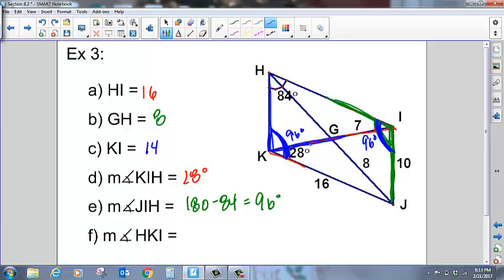So since we know that IKJ is 28, but the overall angle is 96, then to find just HKI, we can take 96 minus 28, and that is going to give us, what, 68 degrees? Right? 28, 68, 96, yes.